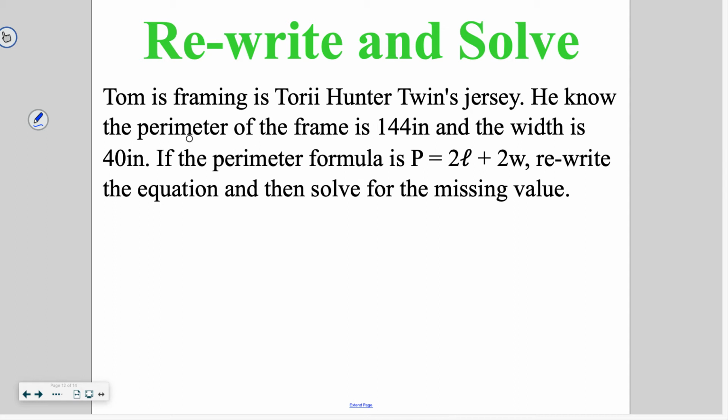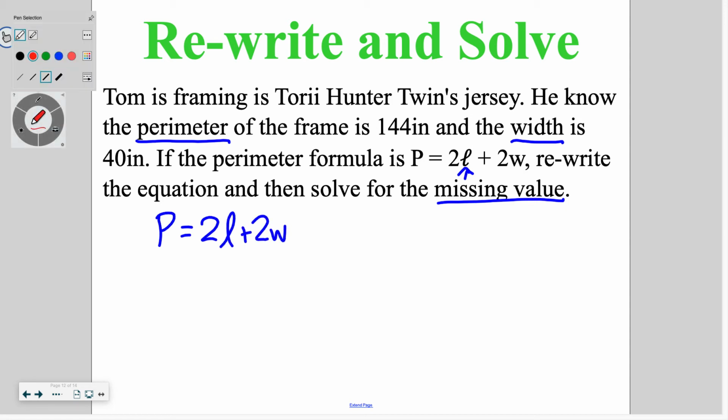So we have a perimeter given to us, and we have a width given to us, which means that the missing value here is our length. So our first job is to rewrite our equation to solve for length. So I've got perimeter is equal to 2 times length plus 2 times width.